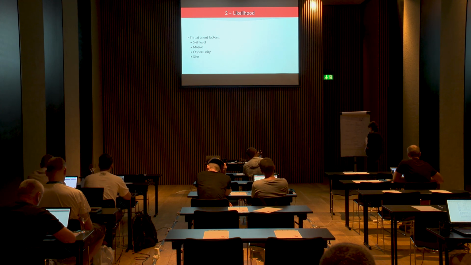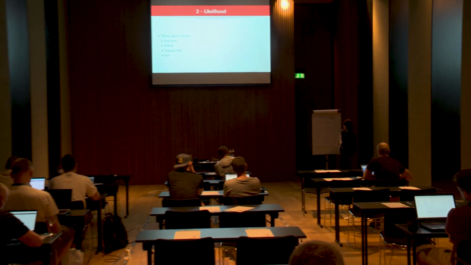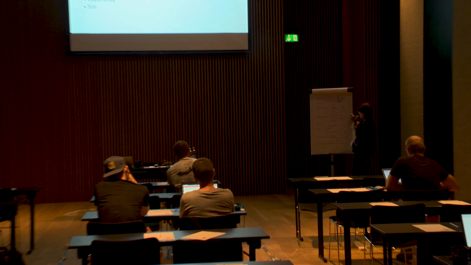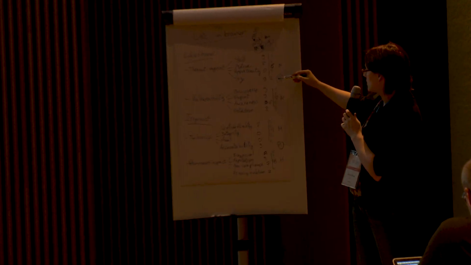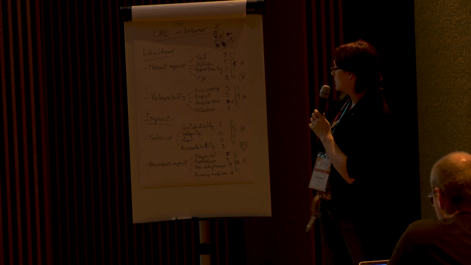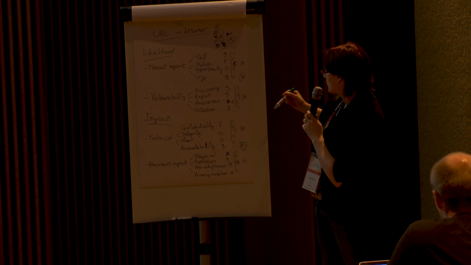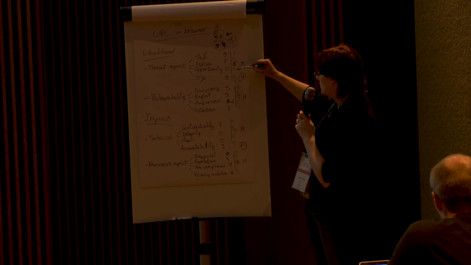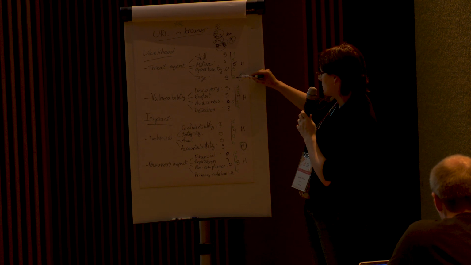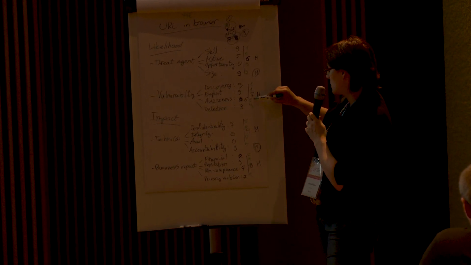All right. So 7, 9, 7, 7. So this remains a medium, and this probably goes down to a medium as well. Sorry? So we have 10, okay? We have 15, 17, 18, 19, 20.